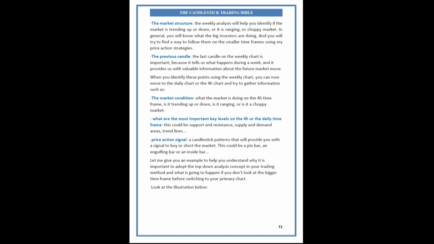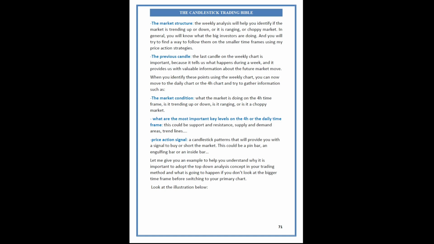When you identify these points using the weekly chart, you can now move to the daily chart or the 4-hour chart and try to gather information such as: 1. The market condition, what the market is doing on the 4-hour time frame. Is it trending up or down? Is it ranging or is it choppy? 2. What are the most important key levels on the 4-hour or daily time frame?